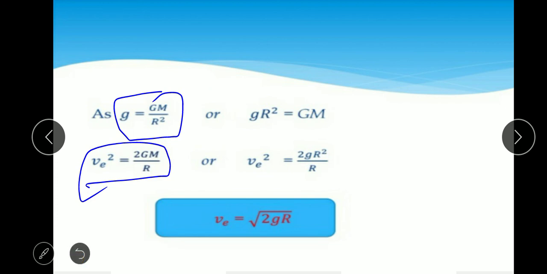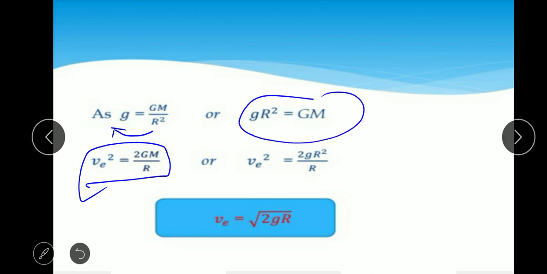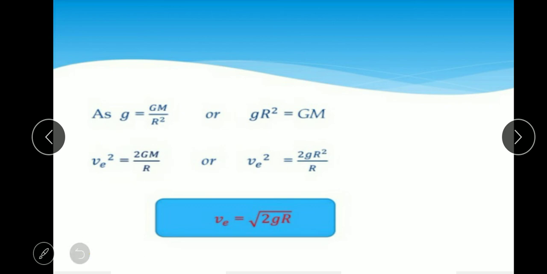What I'll do, students, I'll change the side of r square and we'll get GM is equal to gr square. This value we'll put here in our previous formula, v square is equal to 2GM upon r.